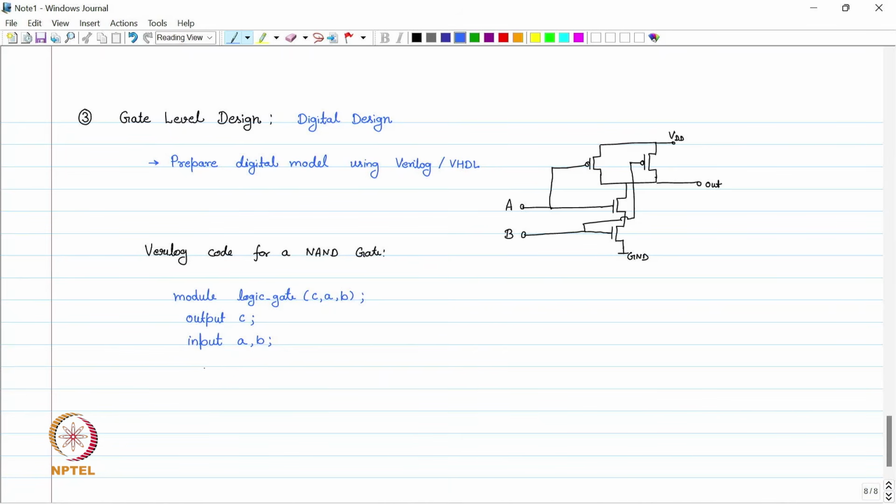Then we can define a NAND function using nand N1, which is an instance name, C comma A comma B. And endmodule.